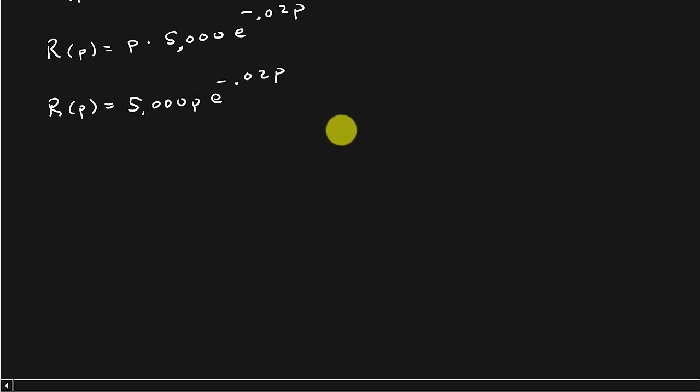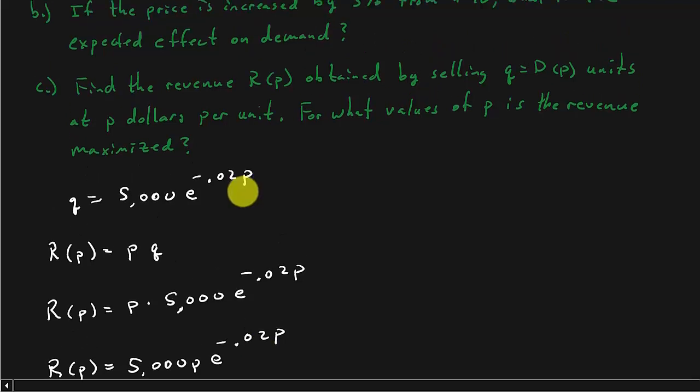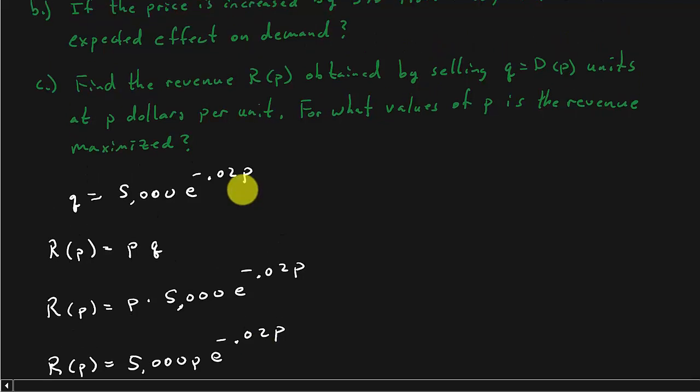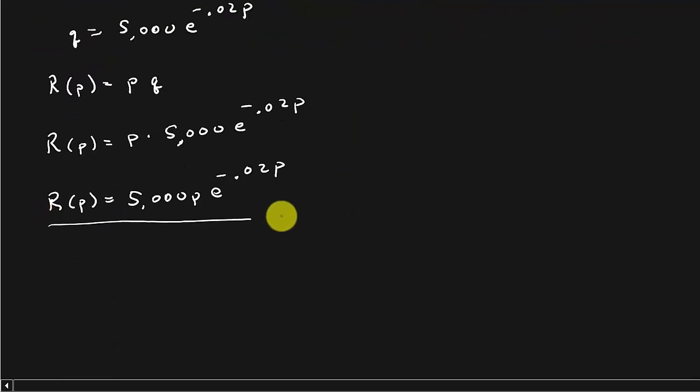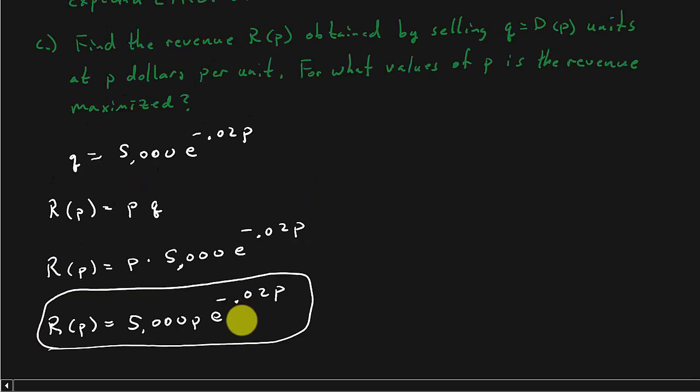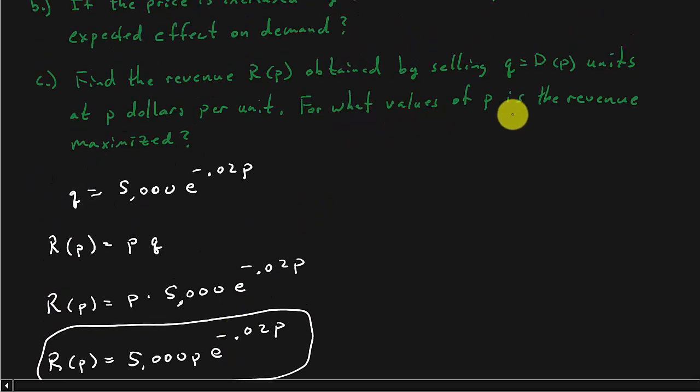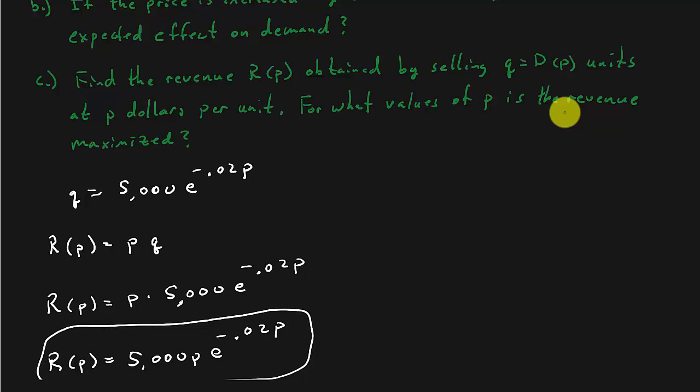There's our revenue. It says find the revenue R of P, and so we've done that. And then find for what values of P is the revenue maximized. Well, do we know how to do that? Of course we know how to do that. That's where you take the derivative and find the critical numbers, right?